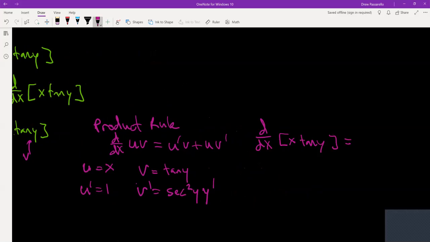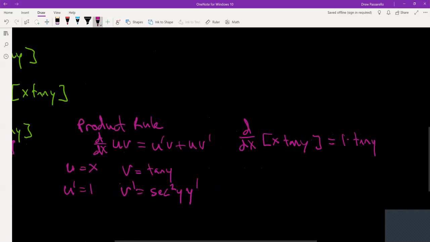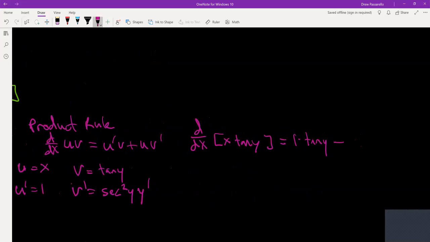based on the product rule, we have u prime times v. u prime is 1, so it'll be 1 times v, which is tangent of y, and then plus u, which is x, times v prime. And that's secant squared y prime.